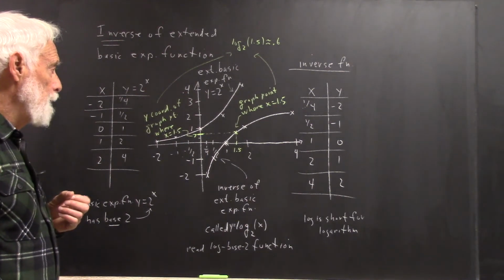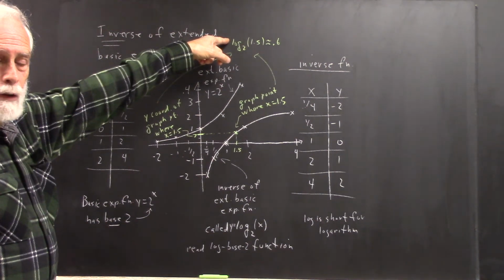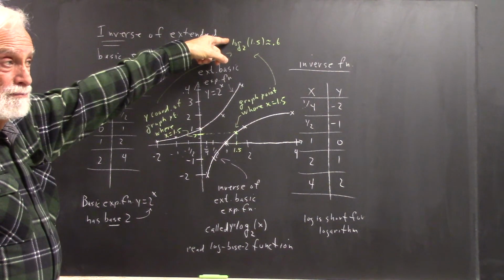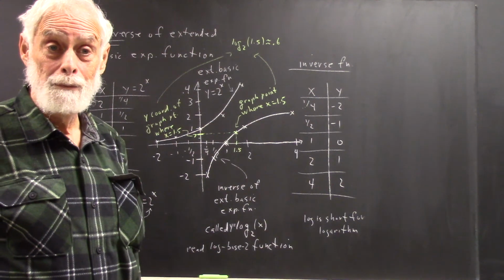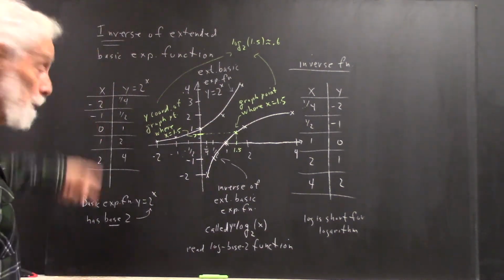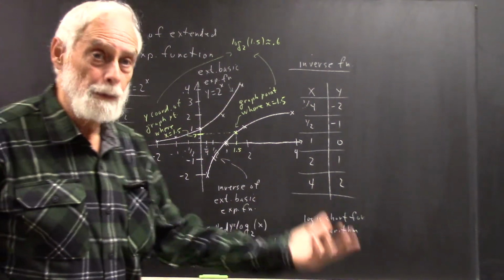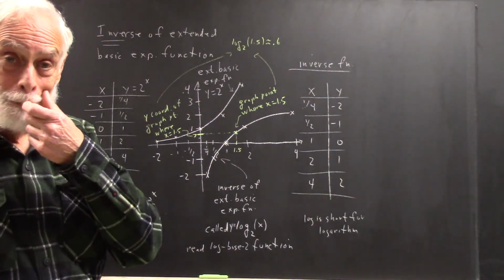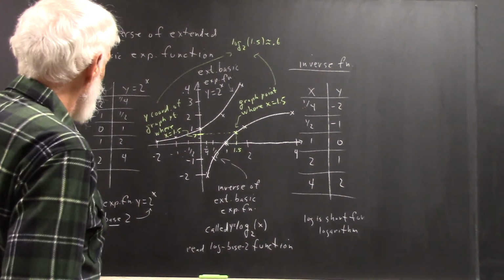Okay. So here we have it. Okay. Now, could you do the inverse of the 1 over x function? Basic reciprocal function? Well, can you make the table of the basic reciprocal function? Well, if you can't, you're behind and you need to be able to, but make sure you get there quickly. Okay? Can you do the inverse of that graph?